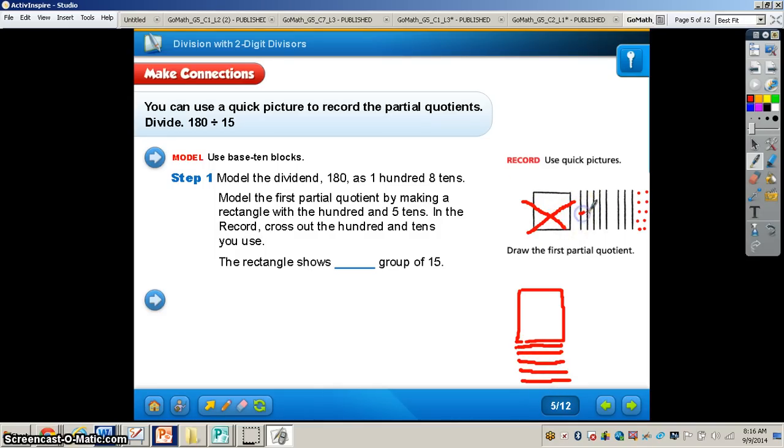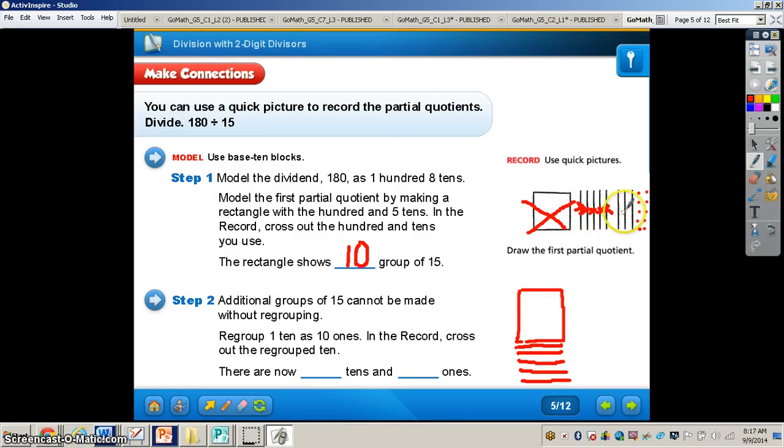It is important to know that the rectangle also shows 10 groups of 15. Now, why do we know it's 15? Because we know it's 10 going down in this 100, and then 1, 2, 3, 4, 5. 10 going down, 1, 2, 3, 4, 5, equaling the 10 groups of 15 there.